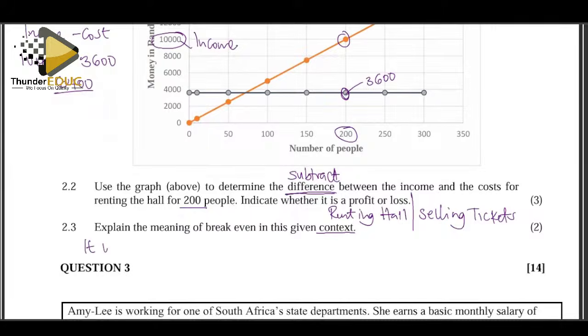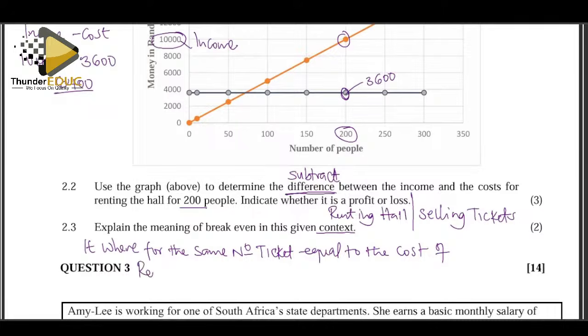You can say it is the point where, for the same number of tickets sold, the income received is equal to the cost of renting the hall.